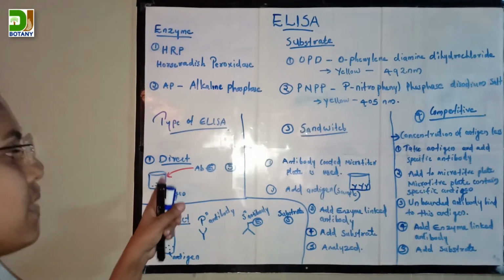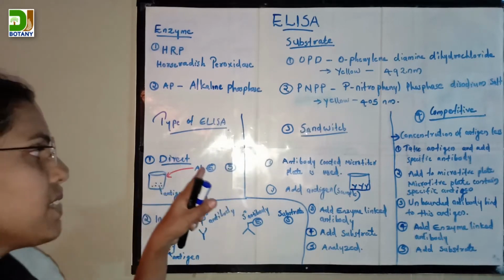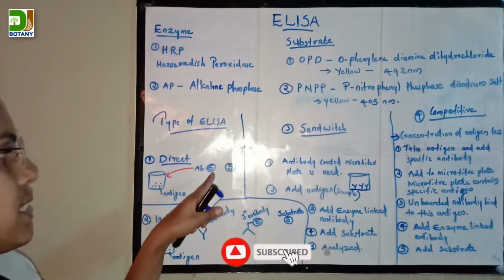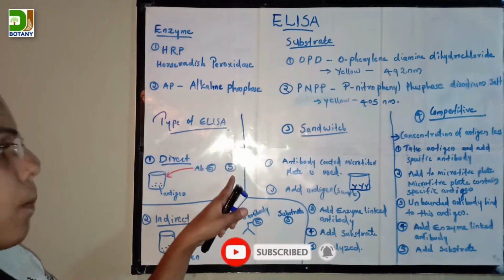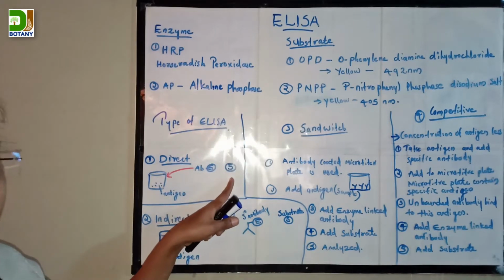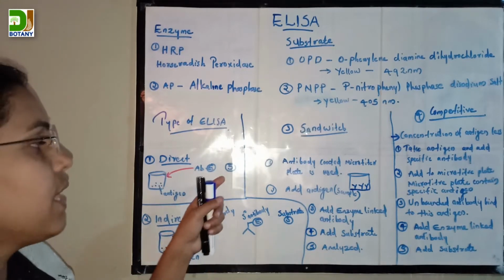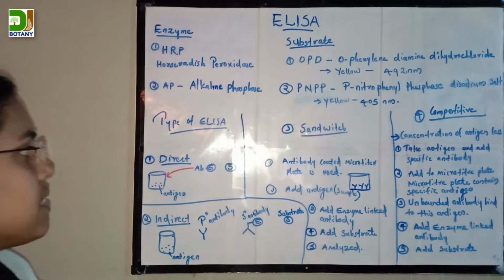To this complex we add a specific substrate. This substrate is always bound with the enzymes, then the enzyme-substrate complex is formed. This enzyme-substrate complex leads to the formation of color, which is analyzed with the help of a colorimeter. This is the direct method.